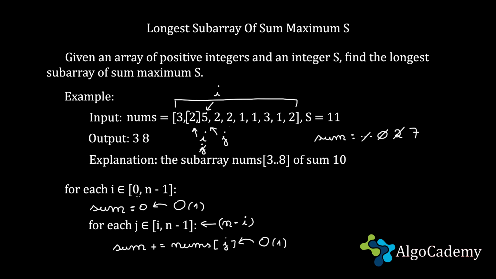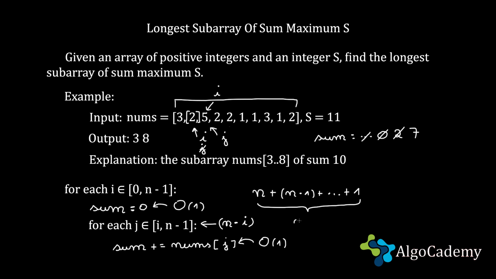So when i is first equal to 0, we are making n iterations. Then when i is 1, n minus 1. When i is 2, n minus 2, and so on and so forth, until when i is equal to n minus 1, we do how many? 1, right?